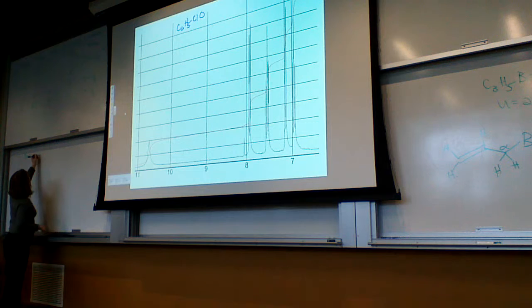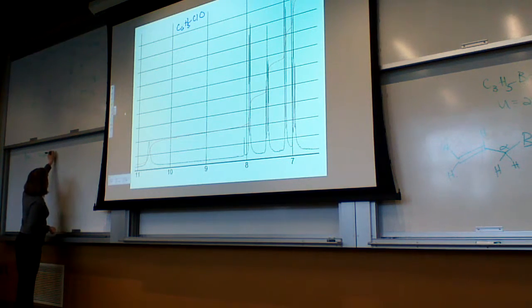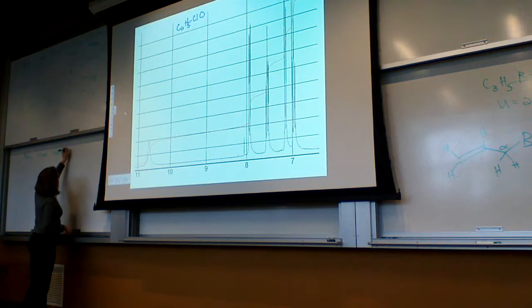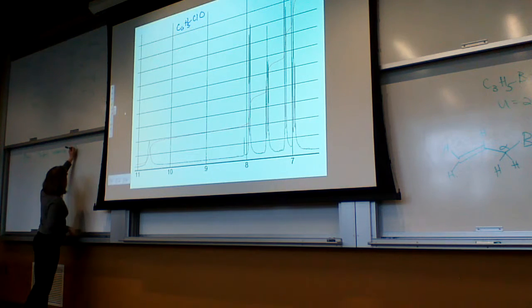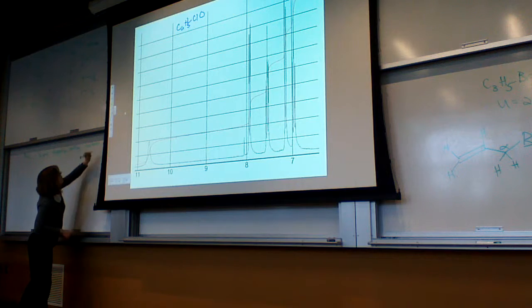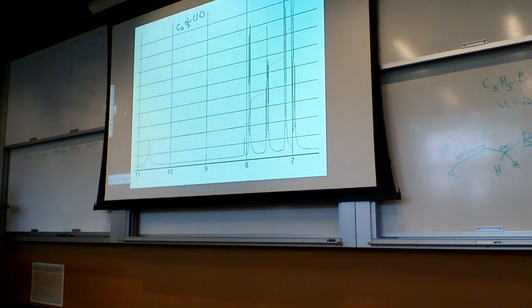We have our peak, we have our chemical shift in ppm. Just as a tip, if you're making a table where all of the things in that column have the same units, it's always helpful to put that in the title of the column so that you don't have to keep writing ppm over and over and over again.